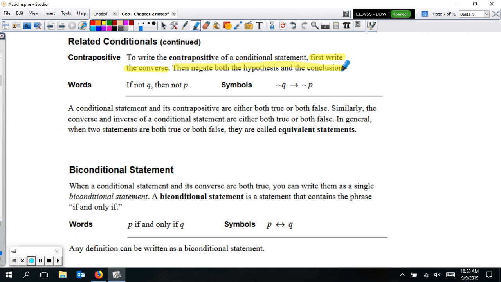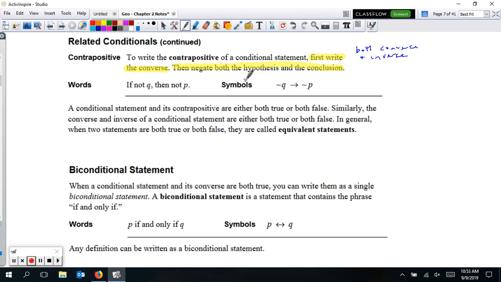So basically the contrapositive is both converse and inverse. You might want to put that up here near that, or you can say it's both converse and inverse in the same thing.